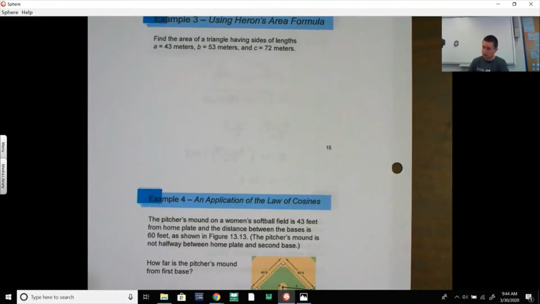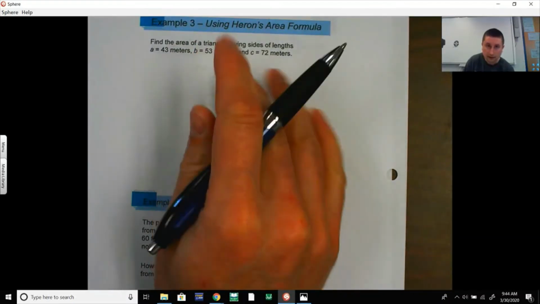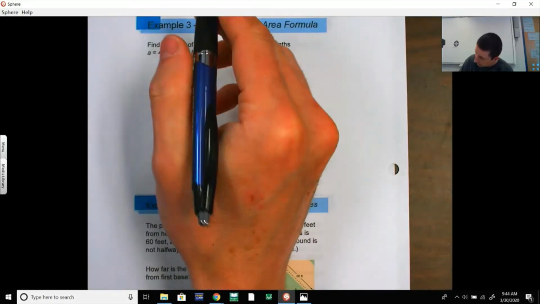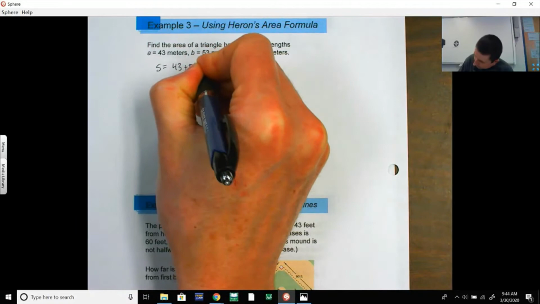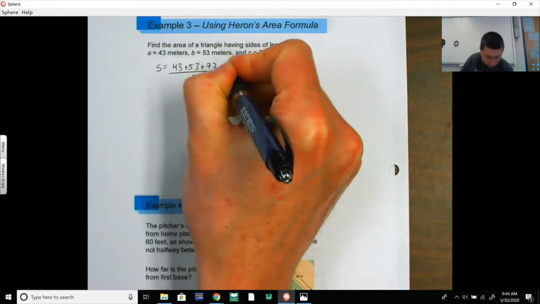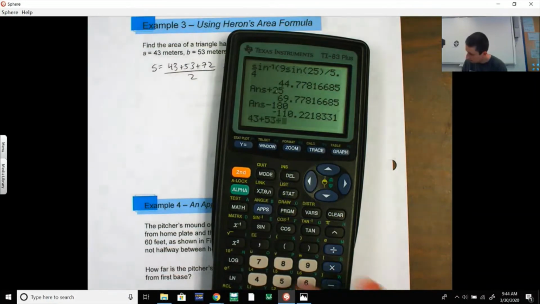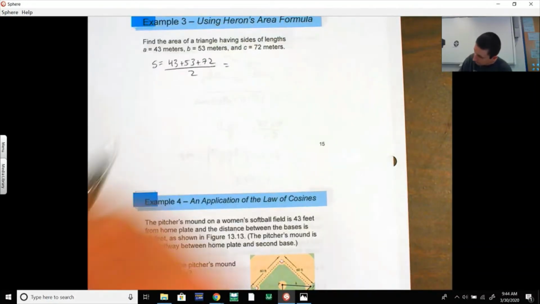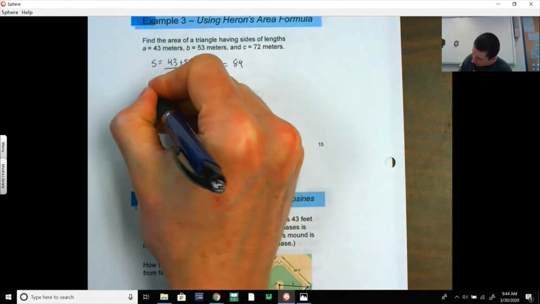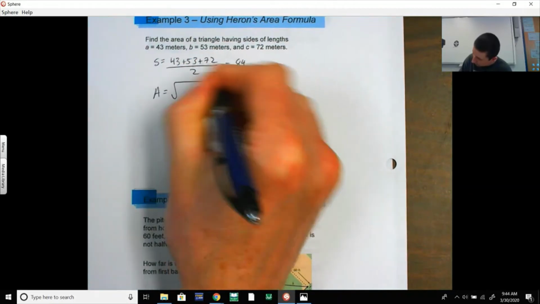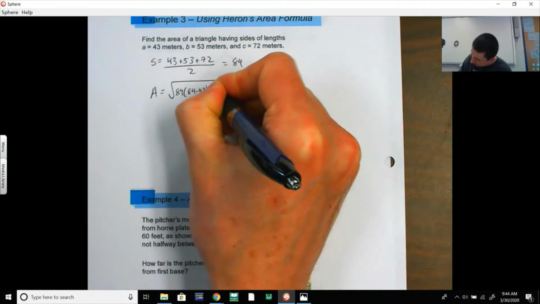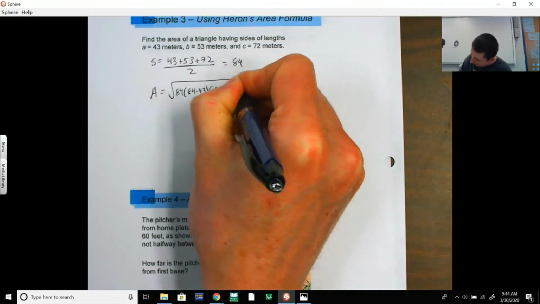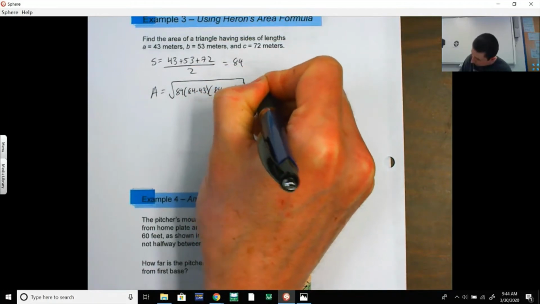So find the area of a triangle having side lengths 43, 53, and 72. So we first have to find S. 43 plus 53 plus 72, and divide all that by 2. We get 84. So our area is the square root of 84 times 84 minus 43 times 84 minus 53 times 84 minus 72.